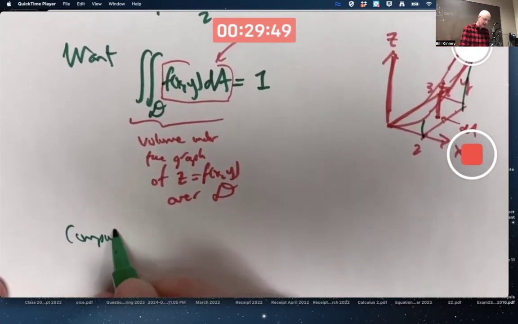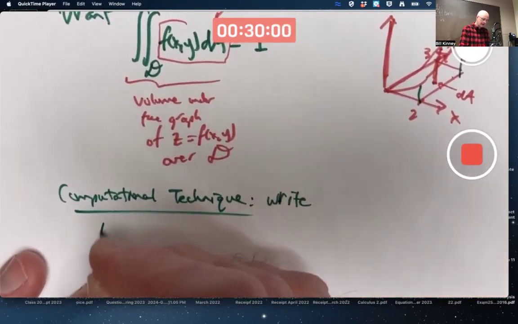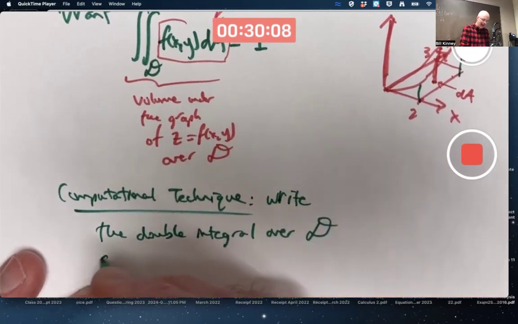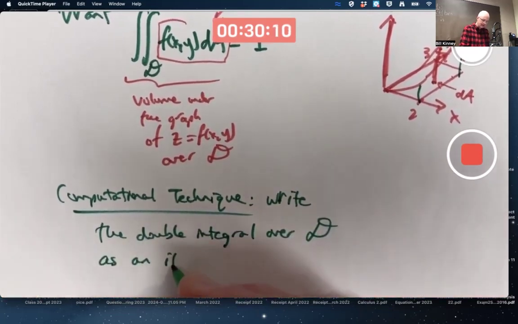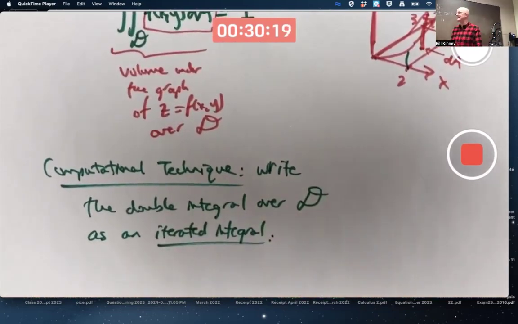Computational technique: write the double integral over D as an iterated integral, where you're doing single integrals twice. That's what iterated integral means. Do single integrals twice, a first time, an inner integral, and then a second time, an outer integral.